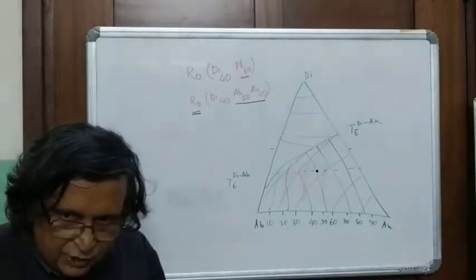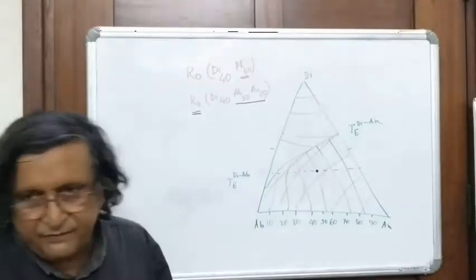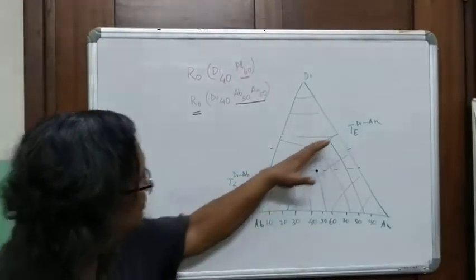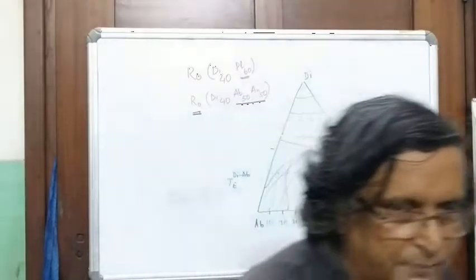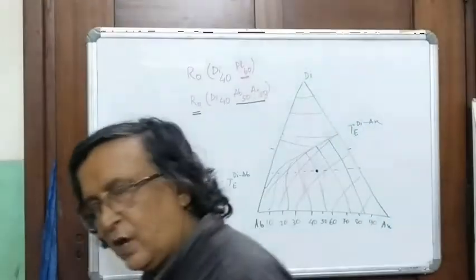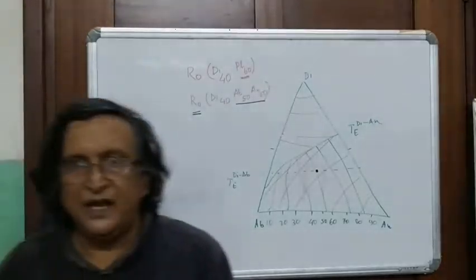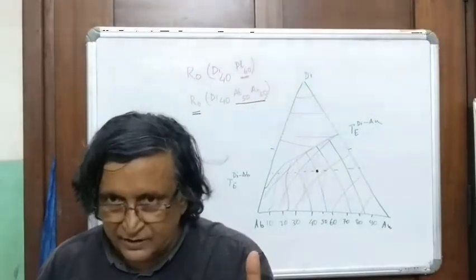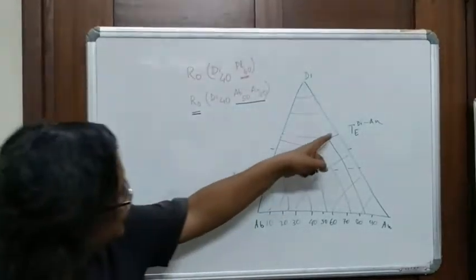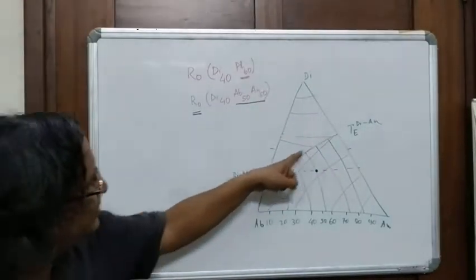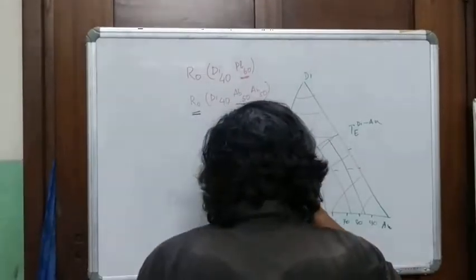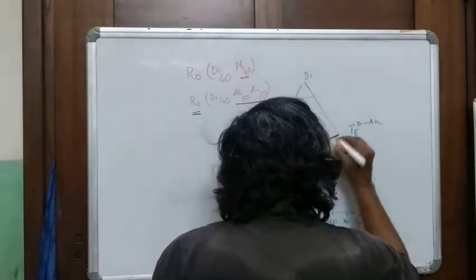So you will have plagioclase and diopside in equilibrium with the melt. So the melt composition has to lie on the boundary curve. The melt composition has to lie on this curve. The question is, where?